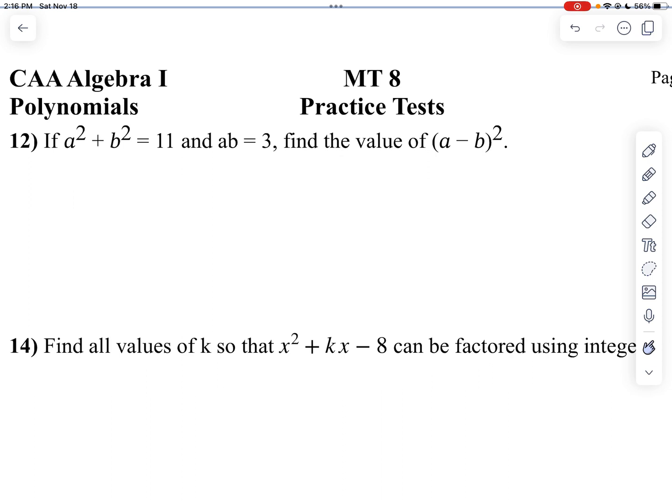They don't seem to be related, except let's multiply (a minus b) squared out. If I multiply (a minus b) squared out, remember that's going to be a squared minus 2ab plus b squared. Well, there we see a squared plus b squared.